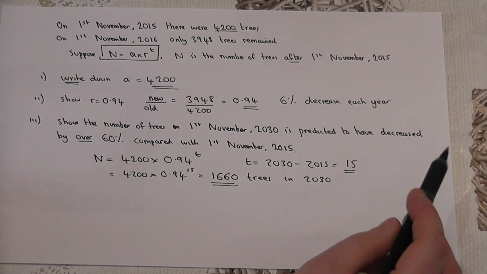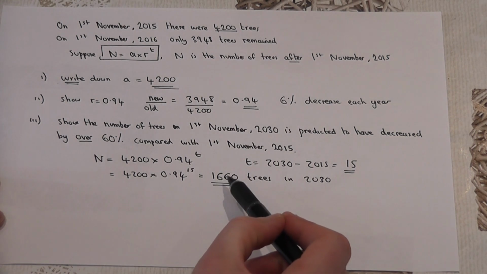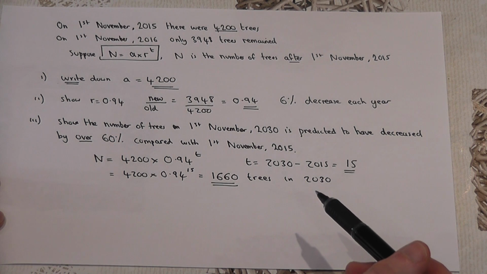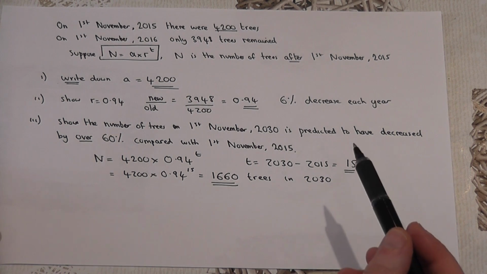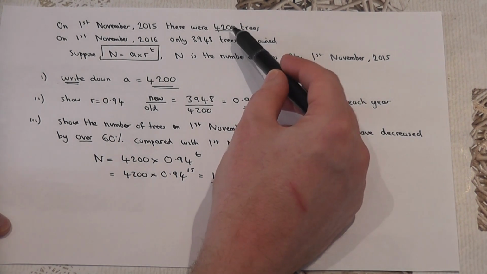And the question is has the decrease from here to here been by over 60%? So to do this, there's lots of methods. I'm going to find out what 60% of 4,200 is.